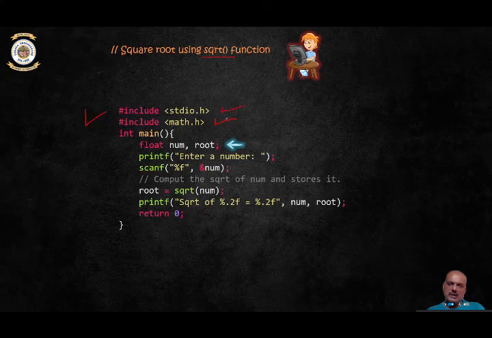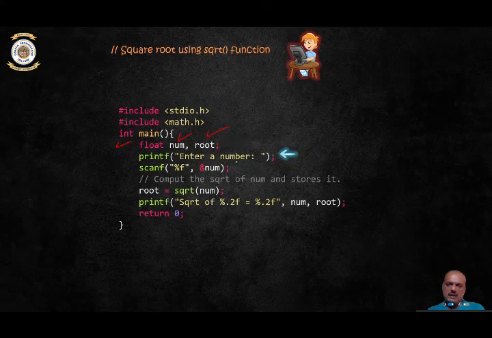So both the #include stdio.h and the math.h header files are included here. In the first line of code, I have two variables defined. One is to store the user input, and the other one is to store the value of its square root. So two floating point variables are being defined here.